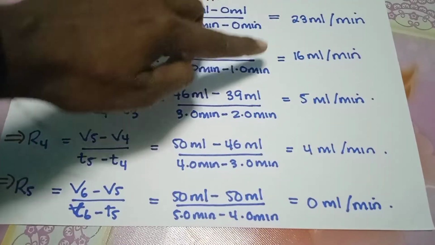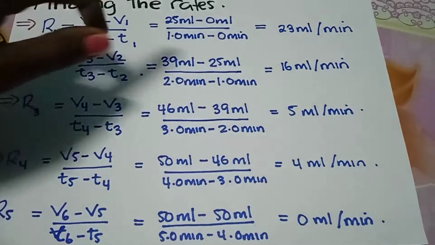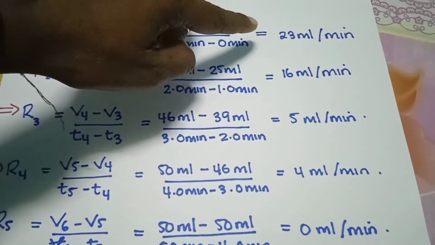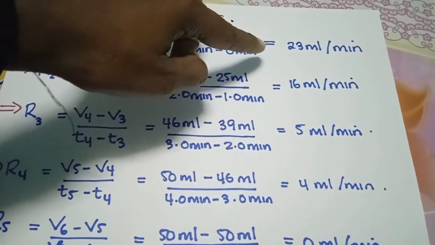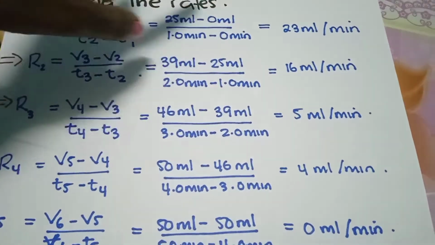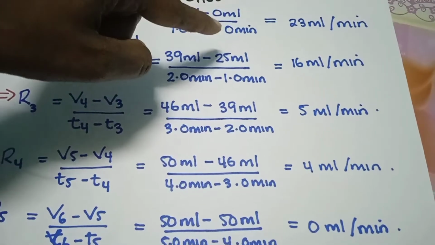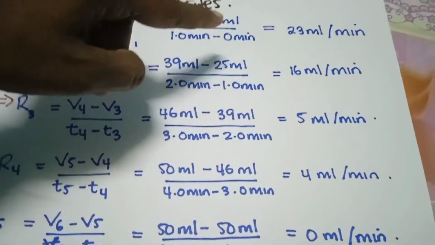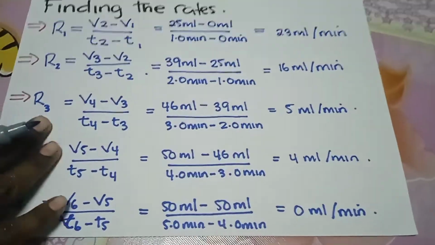Those are the rates of reaction that I have already calculated for you. The one that has the bigger rate of reaction is the fastest, because within 1 minute it produces a lot of gas, so it is the fastest rate of reaction.